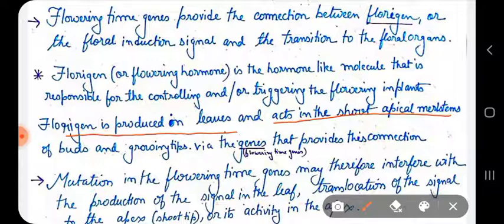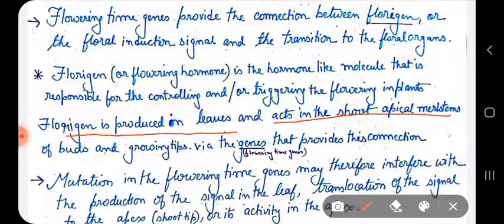which will develop into floral organs actually. So again I repeat, florigen is actually a floral induction signal molecule which is used for controlling or triggering the flowering in plants.